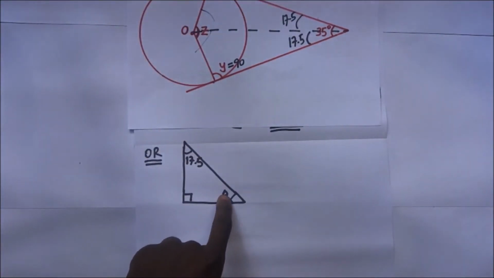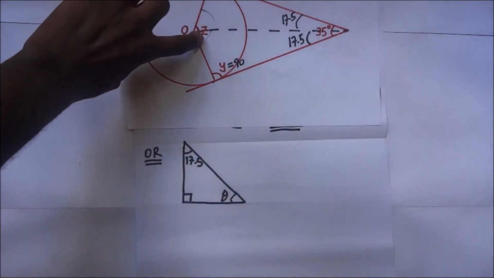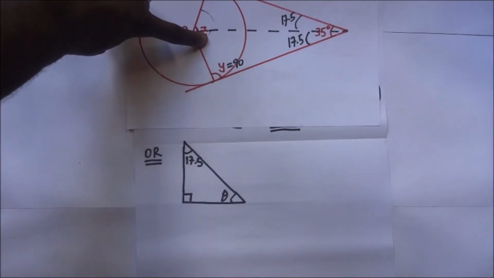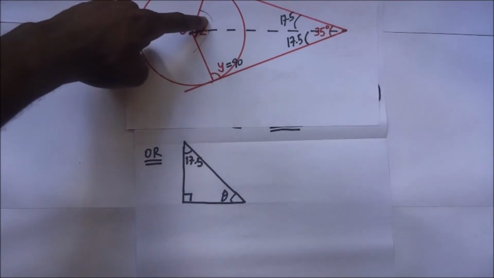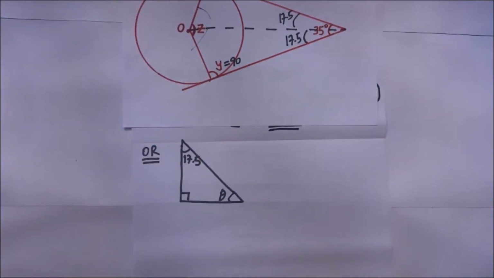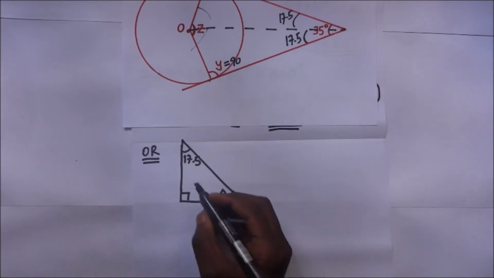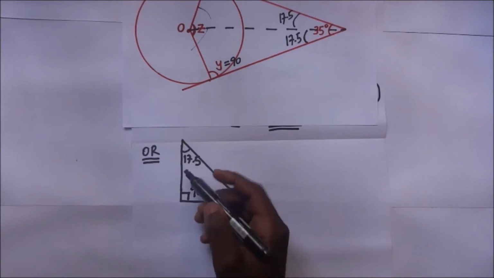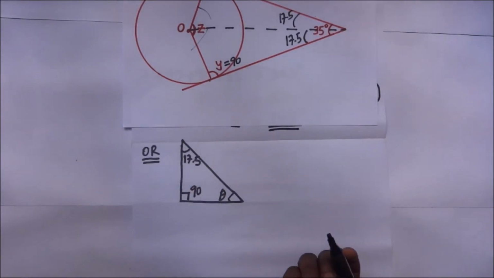We know that when we get theta, we will multiply this value of theta by 2, so that we get the whole value of z, since the value of theta here is the same as the value of theta the other side. So to get this value of theta, we know that this is 90, and the total angle sum of a triangle is 180 degrees.